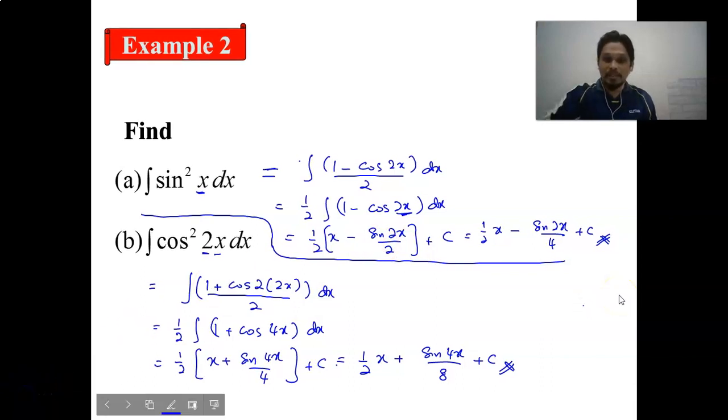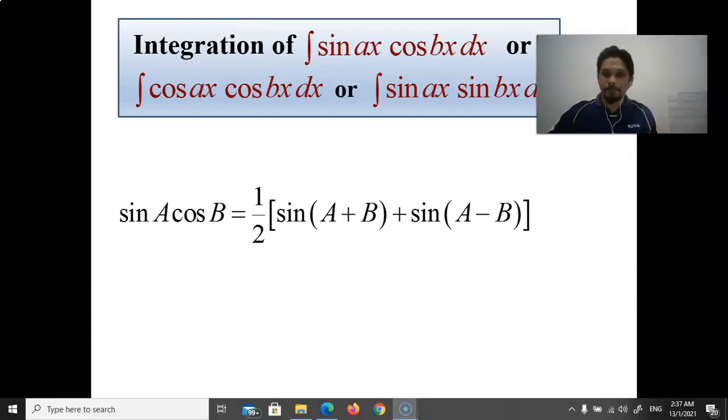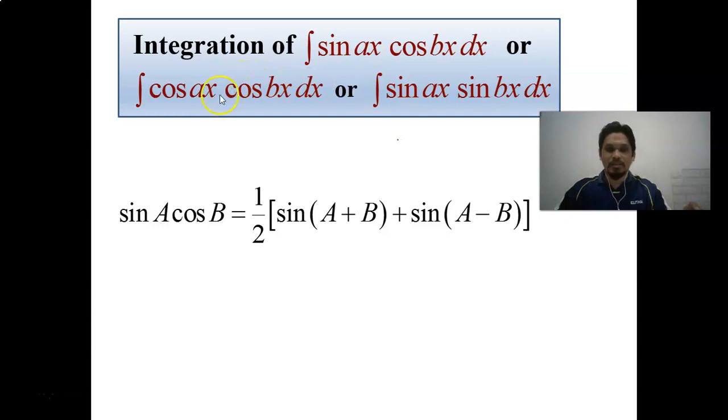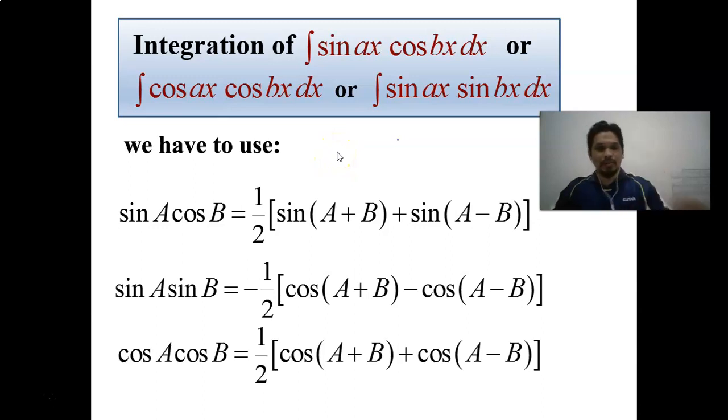So the next, integration of sine ax cos bx dx, or this one here. Okay, for this case we have to use all these three.